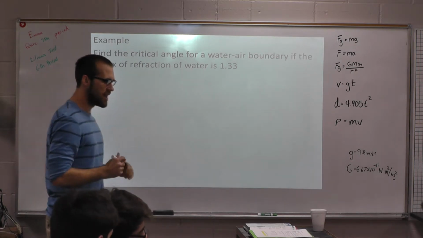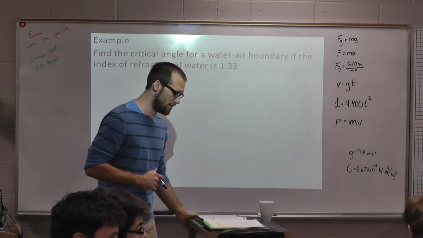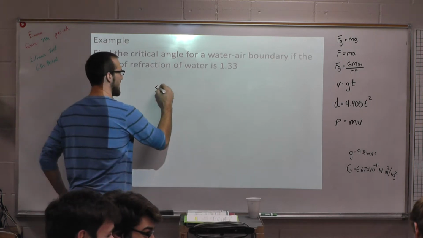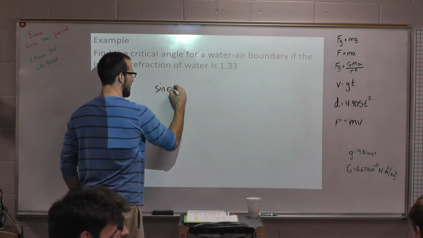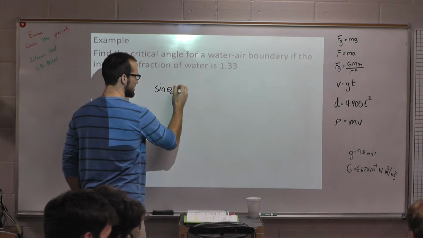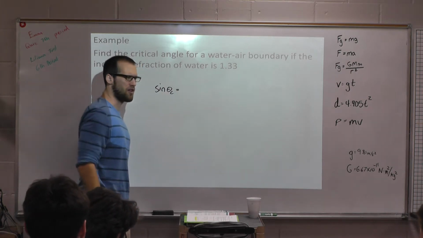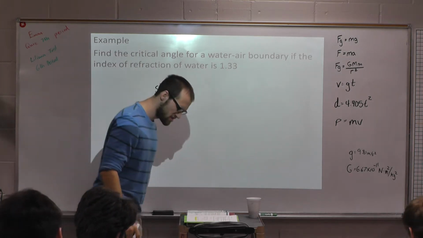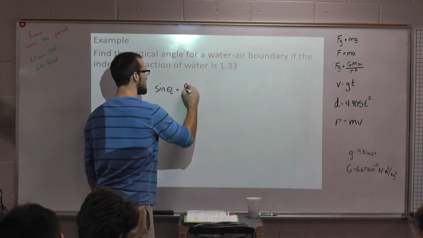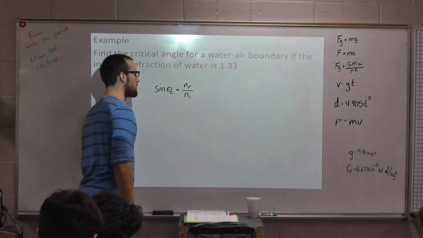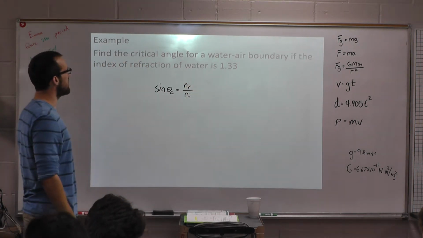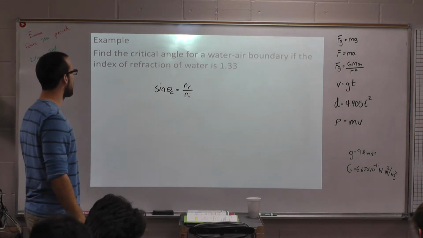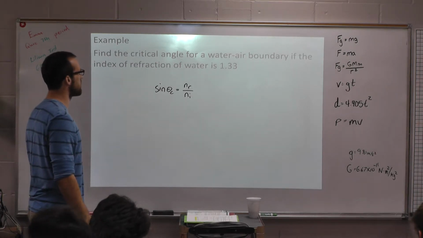That makes sense. Hey, let's do a critical angle problem. We said the sine of our critical angle was, I can't remember, n_r over n_i or n_i over n_r? Find the critical angle for the water-air boundary, given the index of refraction of water. I'm saying water to air.